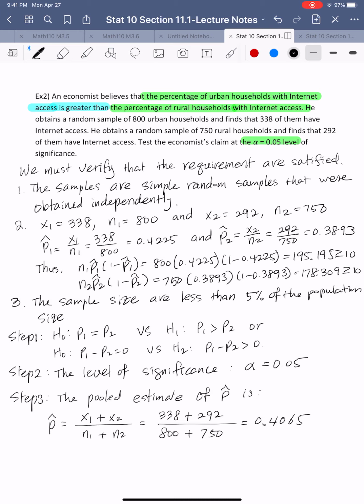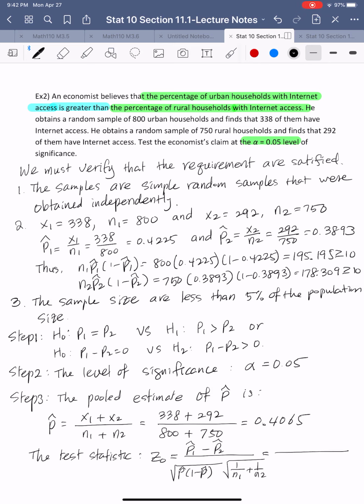All right, so now we need to find the test statistic z sub 0, which is p1 hat minus p2 hat over the square root of p hat times 1 minus p hat times 1 over n1 plus 1 over n2.